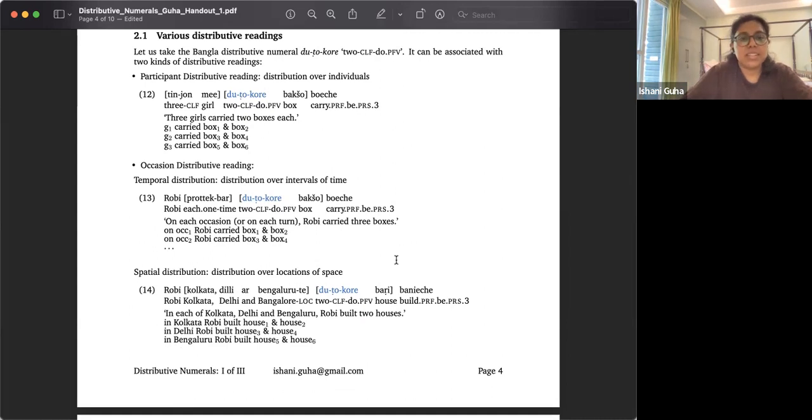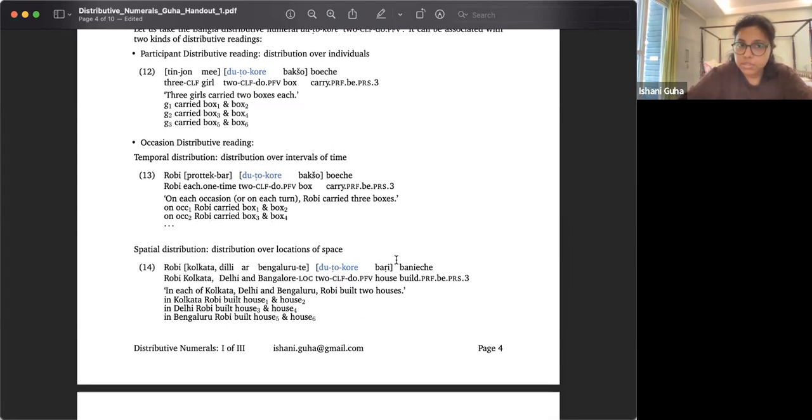Objects are entities, basically. The second kind of distributive reading is occasion distributive reading. Occasion distributive reading could be temporal distributive or spatial distributive. So 13, রবি প্রত্যেকবার দুটো করে বাক্স বয়েছে, right? So imagine a situation when Robi was on the station and he had a lot of luggage piled up, and so he was taking his luggage, his boxes from one place to another place, and on each occasion, in each turn, Robi carried two boxes.